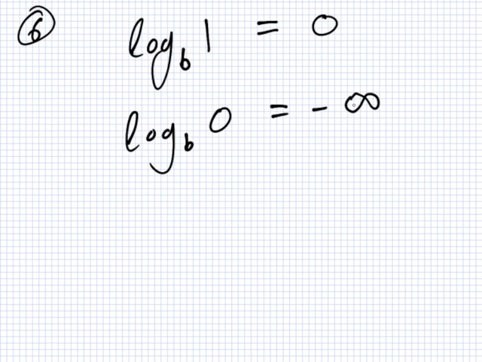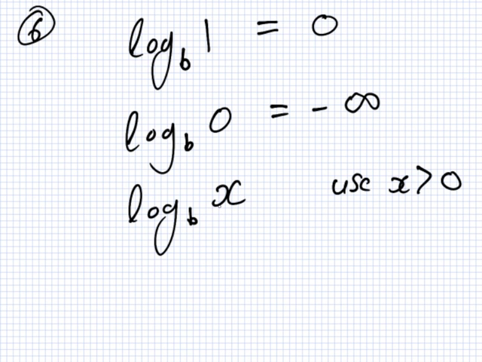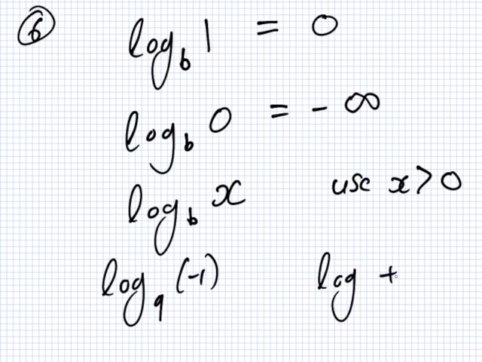So you shouldn't really have log of 0, and in fact, if the b is a positive number, which we said it usually is, here we use only the positive. So we can't really do something like log base 9 of minus 1, because there's no power you can put on the 9 to make it minus 1. So we usually just stick to log of positive numbers. Okay. Now you might be thinking, well, if I have a negative base, then I could have a negative here.